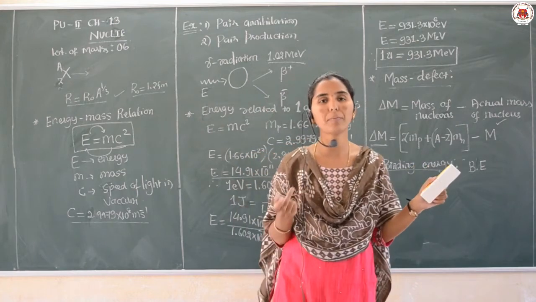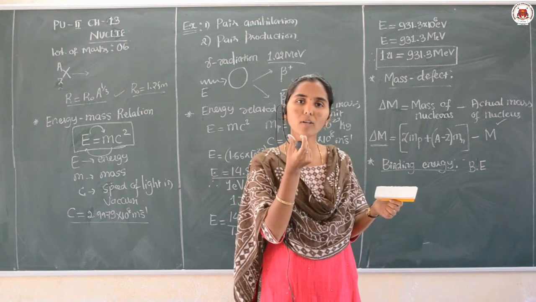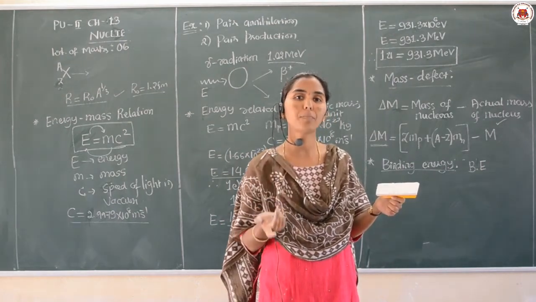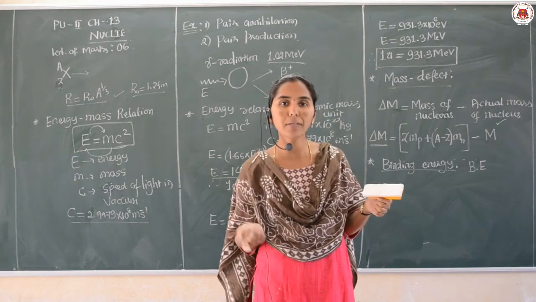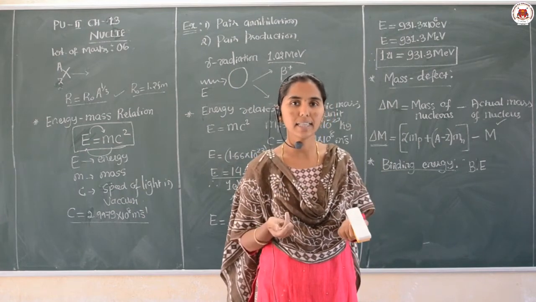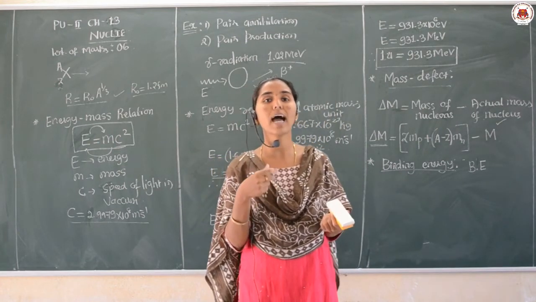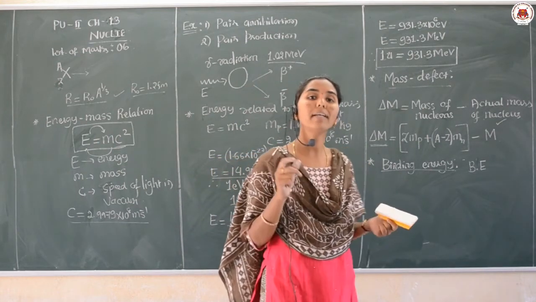And during the separation, when the nucleons are separated, some part of the mass is dissipated. That dissipated mass is converted into energy there. Therefore, the mass defect is equal to the binding energy.